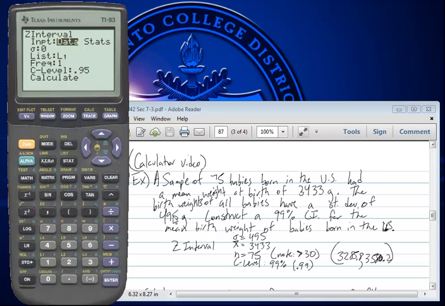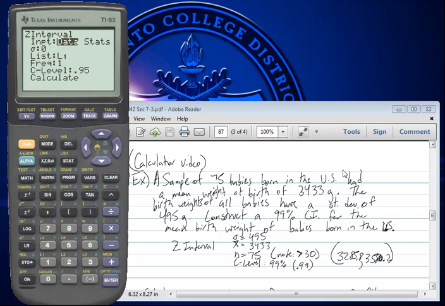Convert that to pounds if you're curious, but the birth weights of all babies have a standard deviation of 495 grams. That's our known standard deviation, sigma, the standard deviation of the birth weight of all babies. And what we want to do with that is construct a 99% confidence interval for the average birth weight of babies born in the U.S.